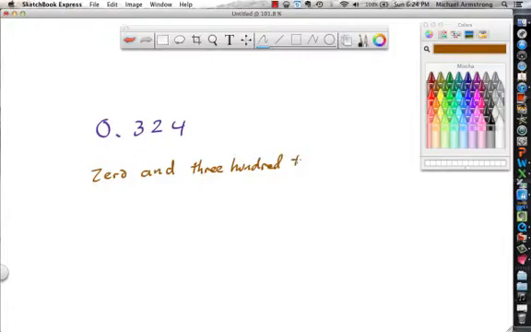Then the place value is thousandths. This is ones, tenths, hundredths, thousandths. So you write 0 and for the decimal, then you read this number, 324, figure out the place value, and write that down at the end.